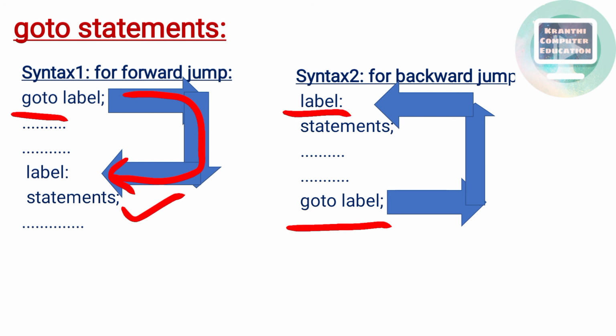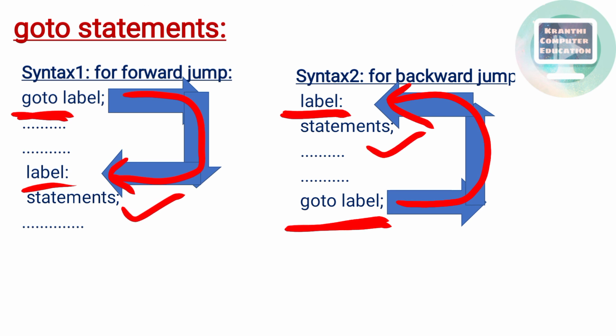Carefully observe this: in a forward jump, goto is written first and the label after; in a backward jump, the label is written first and goto is written after the label. Whenever the C compiler encounters the goto statement, the control goes to the label, and whatever statements are written after the label will be executed. This is the mechanism behind the backward jump.